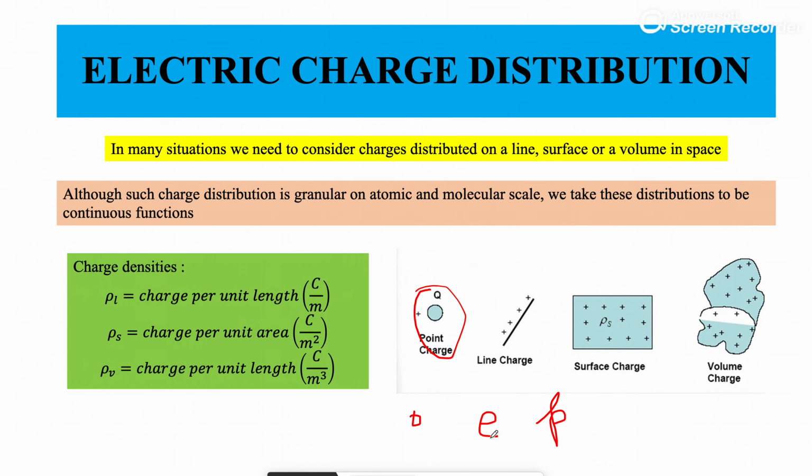Now if for some reason these charges are distributed over a line or a surface or a volume, and you want to study the forces on this line, surface or volume, you can go to one extreme and start looking at matter as a collection of atoms and apply Coulomb's law to each atom, that is, to the intermolecular distances. At a fundamental level, because of the discrete nature of atoms or molecules, you might want to apply Coulomb's law individually, but remember that a total of 10 to the power 18 electrons make 1 coulomb of charge, which means you would be applying Coulomb's law 10 to the power 18 times just to make 1 coulomb.